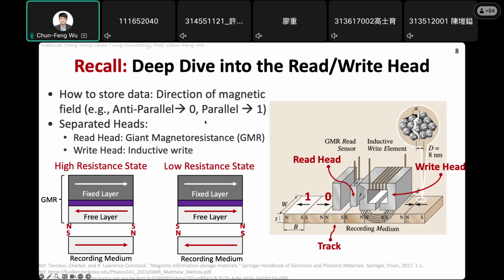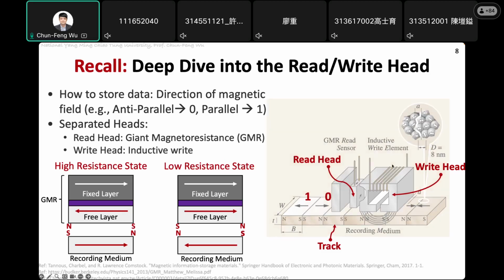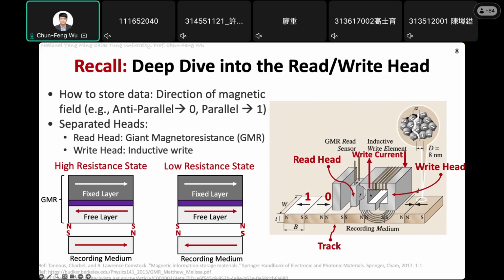Okay, and we say the write head is using something called inductive write. Inductive write in Chinese is 电流磁效应. So given the current on this kind of wire, you will get a magnetic field. With the magnetic field, you can change the magnetic directions of the recording medium.